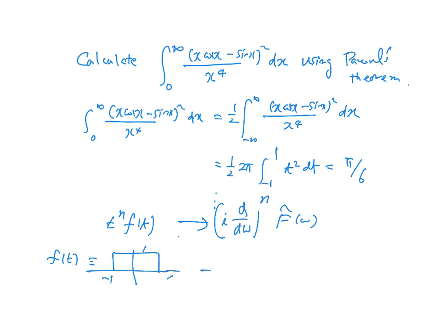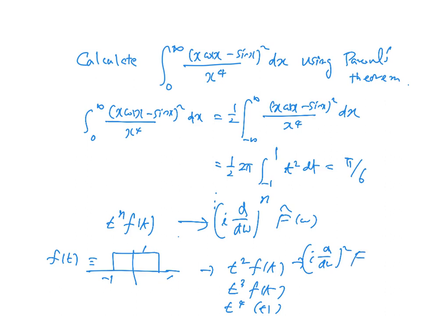Then try t squared f(t), t cubed f(t), maybe t to the 4th f(t). That is i d/d omega squared of f tilde omega, right?